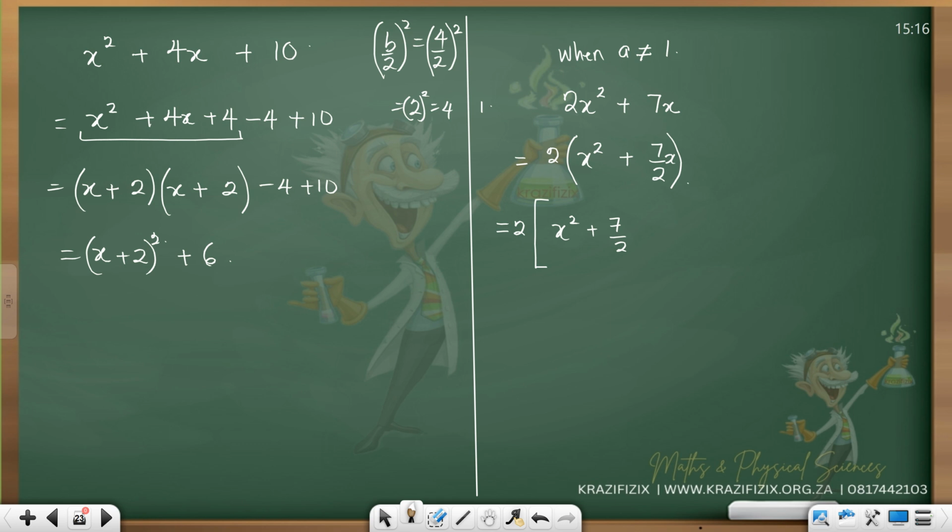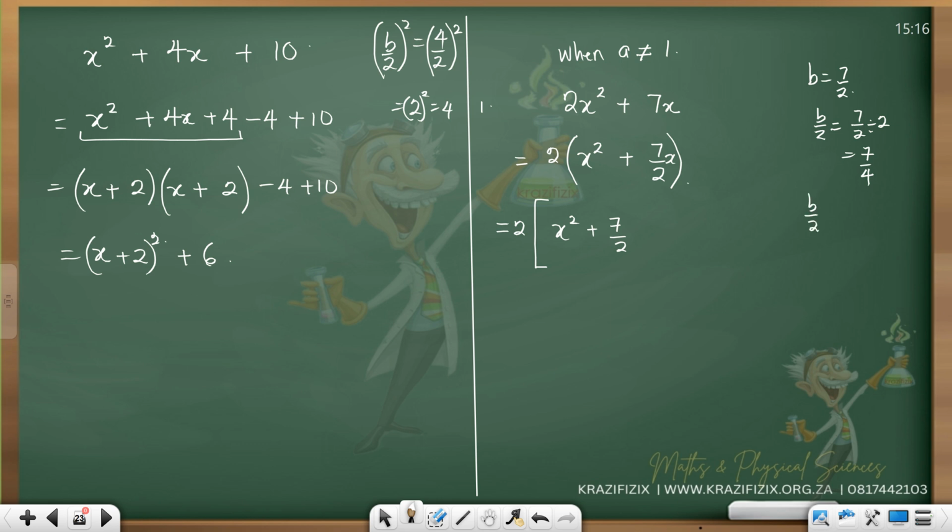Now, my b is 7 over 2. Remember, my b is now 7 over 2. What is 7 over 2 divided by 2? So b over 2 will be 7 over 2 divided by 2, which is 7 over 4. I hope that makes sense.